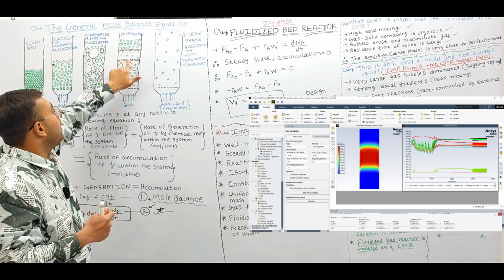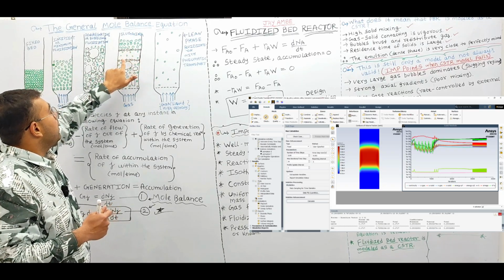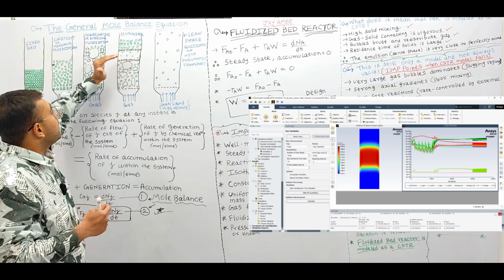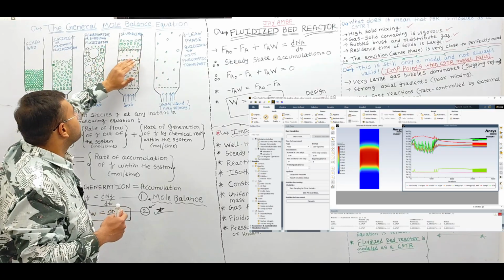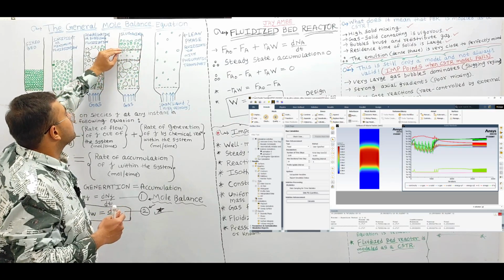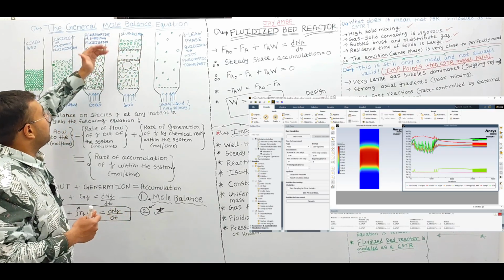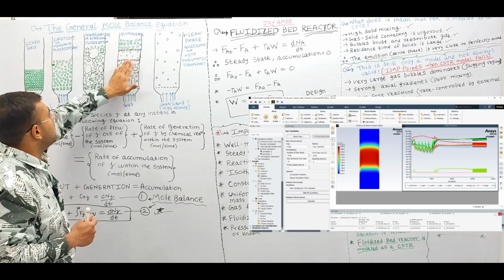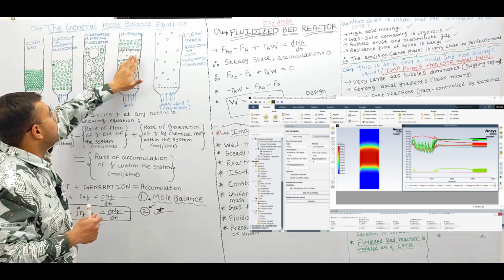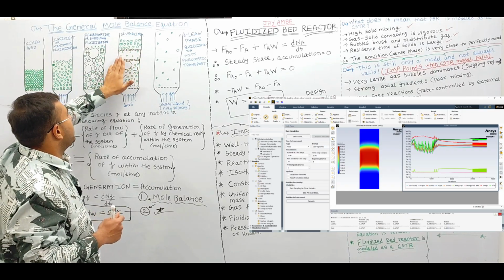And the larger bubbles of equivalent size to the inner diameter of the fluidized bed reactor cause a separation, due to which the solid catalyst particles will behave as a plug or slug. So let's say here we have the formation of very large bubbles equivalent to the inner diameter of the fluidized bed reactor.